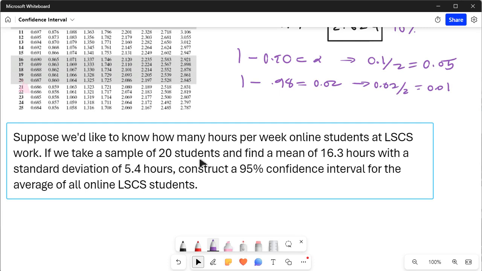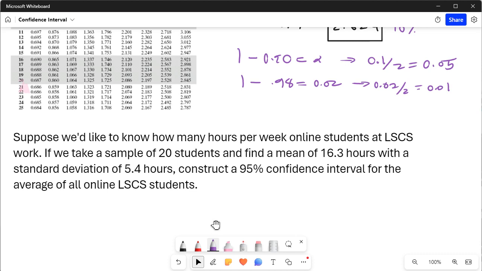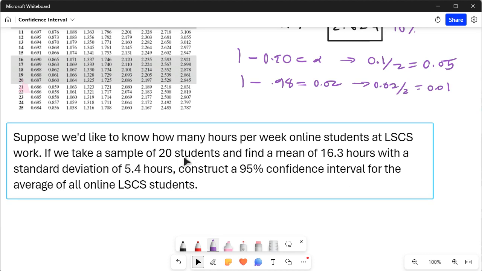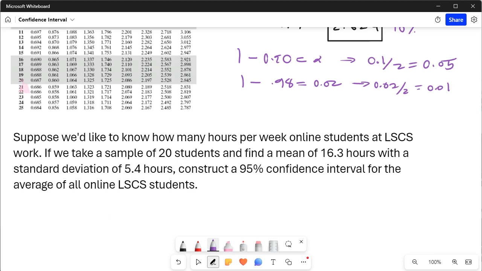If we take a sample of 20 students and find a mean of 16.3 hours with a standard deviation of 5.4 hours, construct a 95% confidence interval for the average of all, see that it says all, LSCS students. Now keep in mind that this sample size is by definition pretty small.